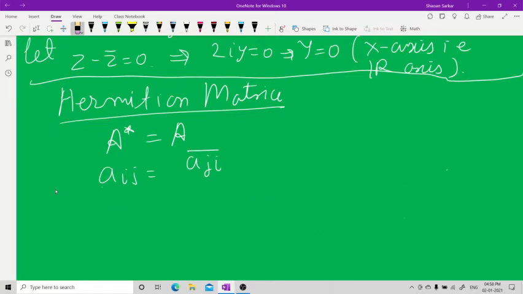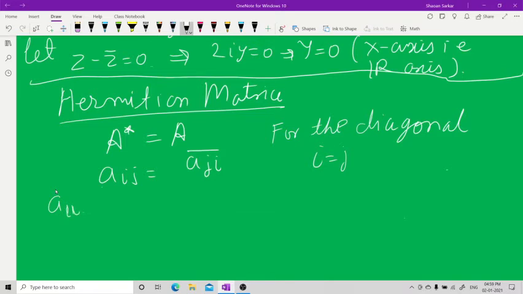Now, see, for the diagonal, i equal to j, because all are A11, A12, A13. Let me write it from here. So now you have Aii, because i is equal to j, equal to Aii bar.